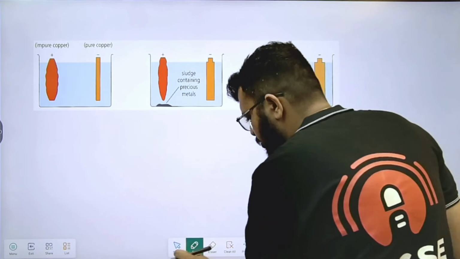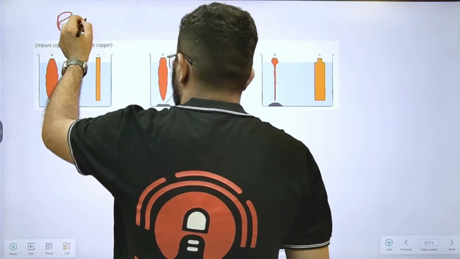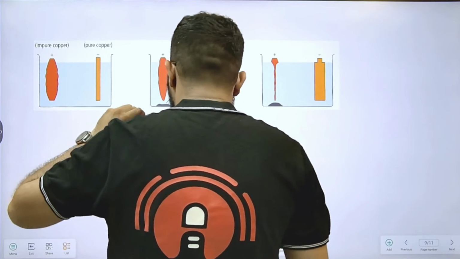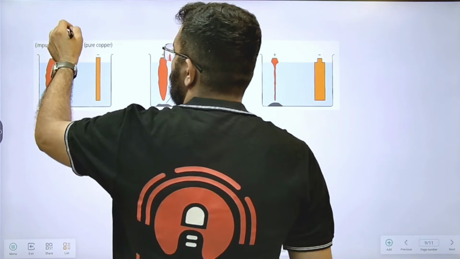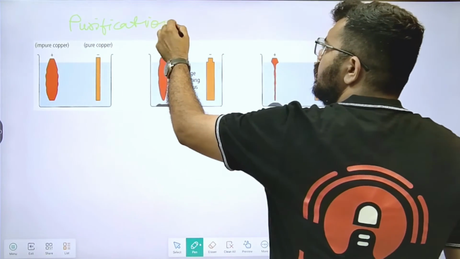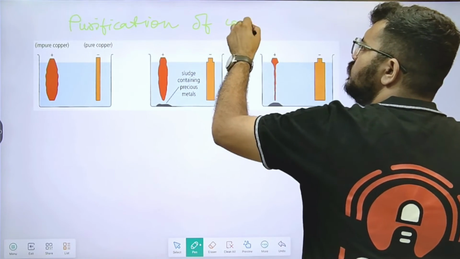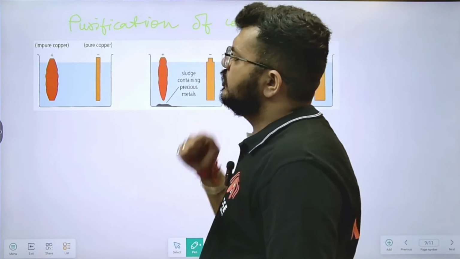And using this logic, we can use, just a second, why the color did not change. We can use, I hope this is visible, electrolysis of copper using copper sulfate solution in the purification of copper.